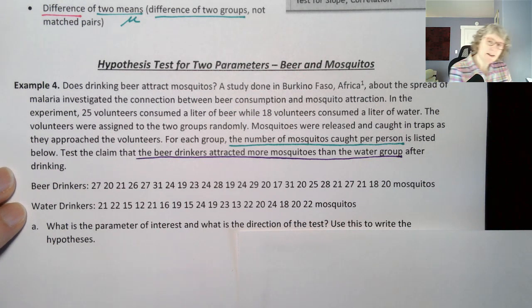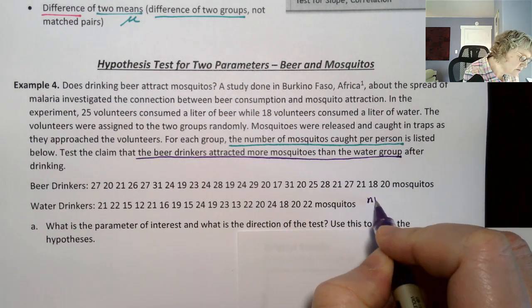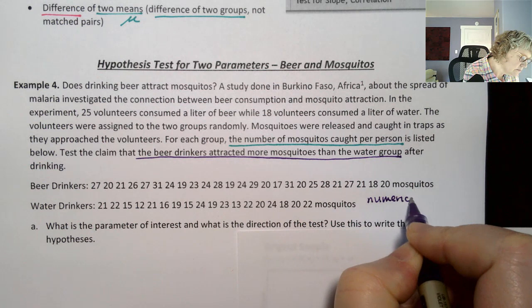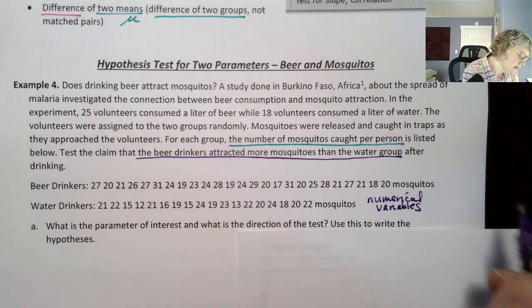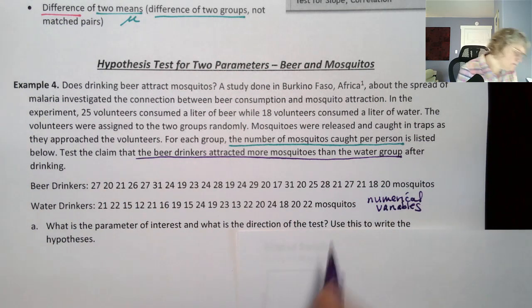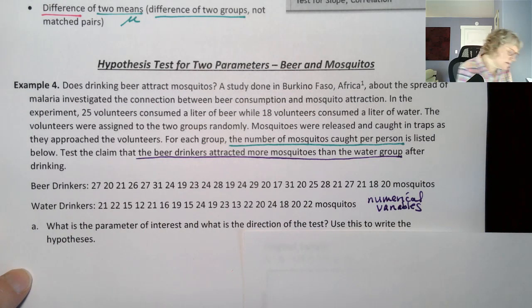Okay, if you said means, you're right, because these are numerical variables, right? So I'm going to write that over here, numerical variables. So we're going to use means. Okay. So we're going to write our hypotheses.